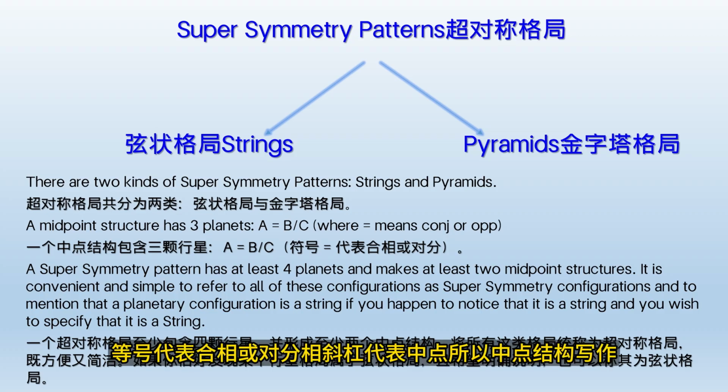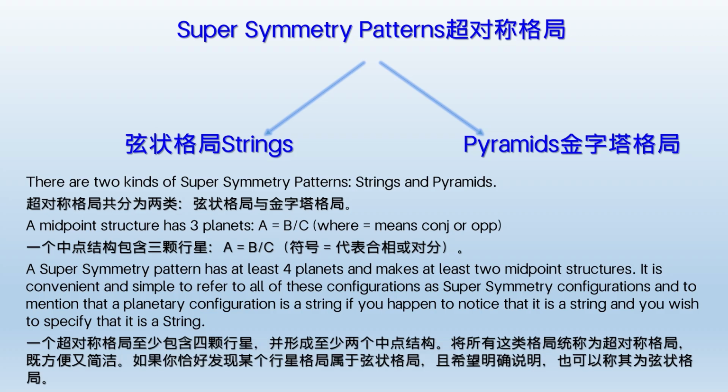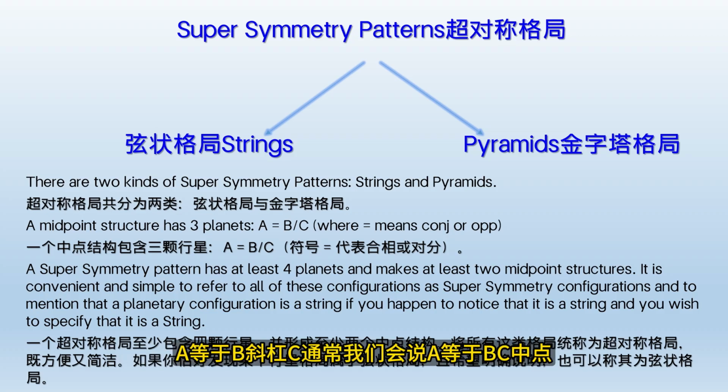Equals means conjunction or opposition, / means midpoint. So a midpoint structure is A equals B/C. Or, as we would normally say, A equals the BC midpoint. And sometimes in our language, if we're talking, we'll say A is at the BC midpoint.